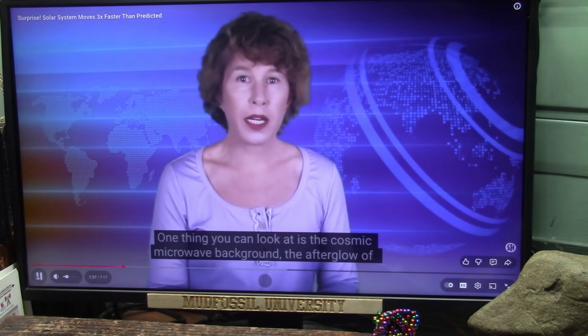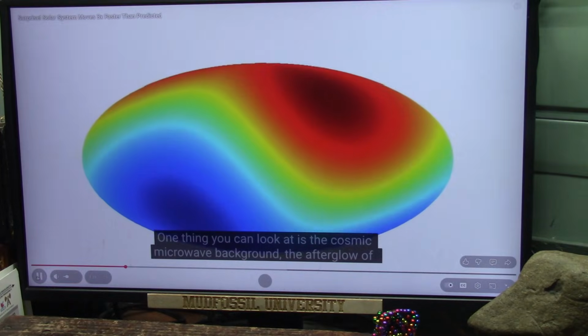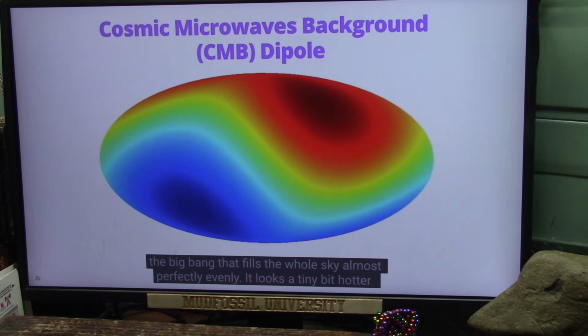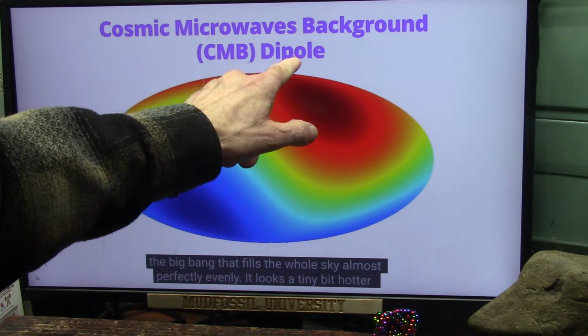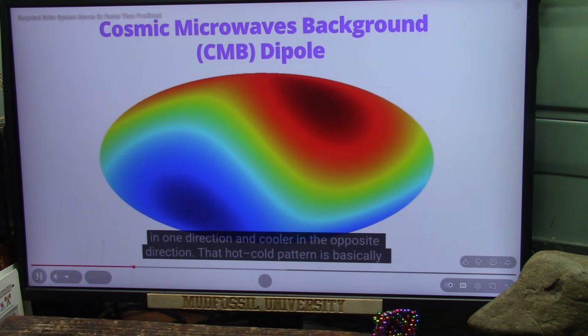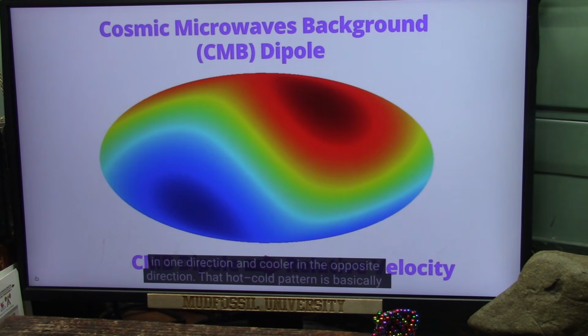One thing you can look at is the cosmic microwave background, the afterglow of the Big Bang that fills the whole sky almost perfectly evenly. It looks a tiny bit hotter in one direction and cooler in the opposite direction. That hot-cold pattern is basically a giant Doppler effect, and from its size we can work out our speed relative to this radiation.